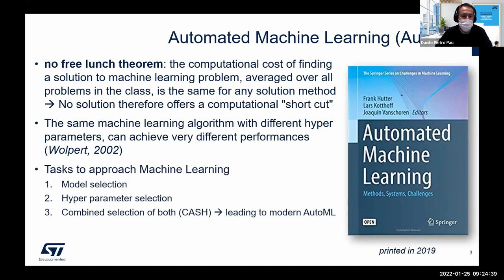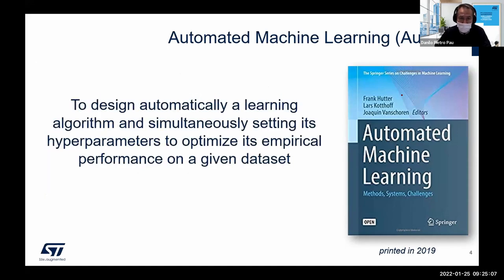Therefore, when we start to design a machine learning pipeline, we need to select the model and set a number of hyperparameters, and then select both, which is also known as the CASH approach. All of those are ingredients that lead to what is known as modern AutoML.